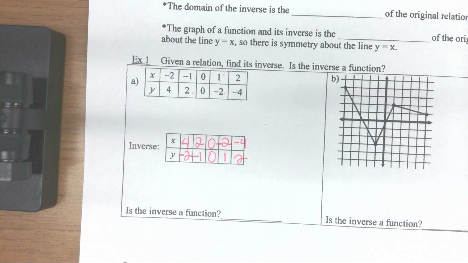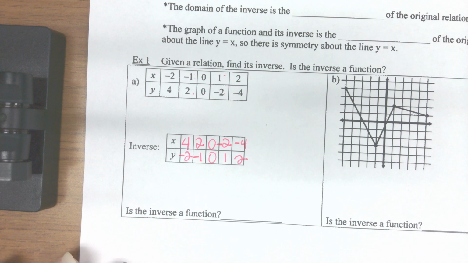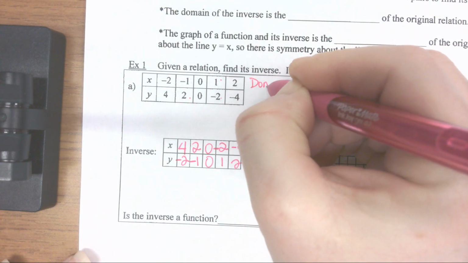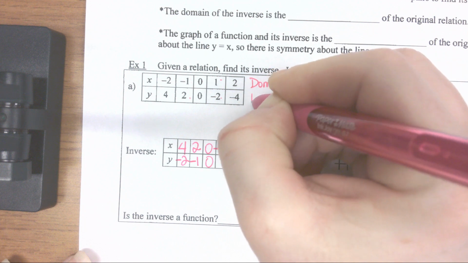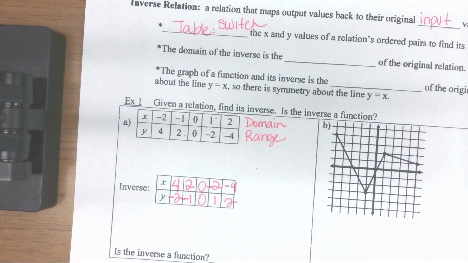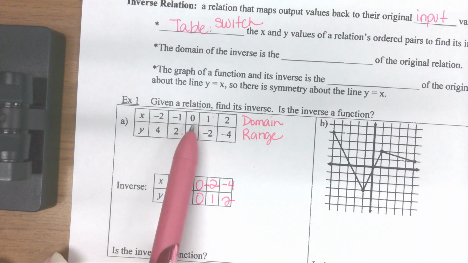Do you remember way back when we talked about domain and range? Which one was domain, the x's or the y's? X. So here, this is the domain, and the output is the range. What happens on the inverse to those things? The domain is -2, -1, 0, 1, and 2.